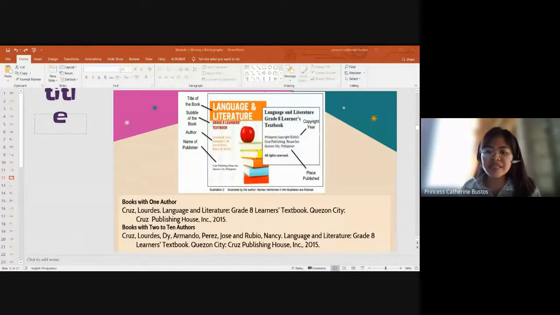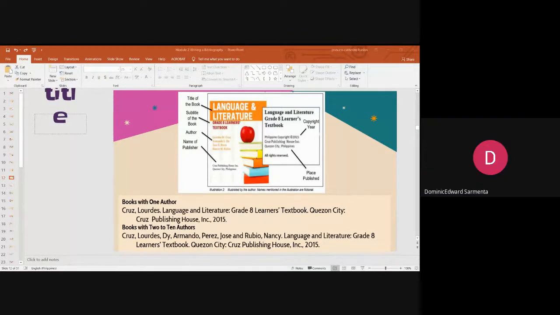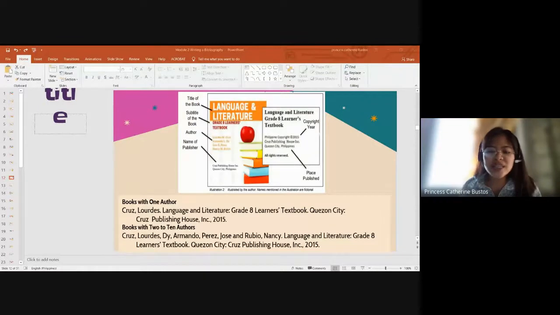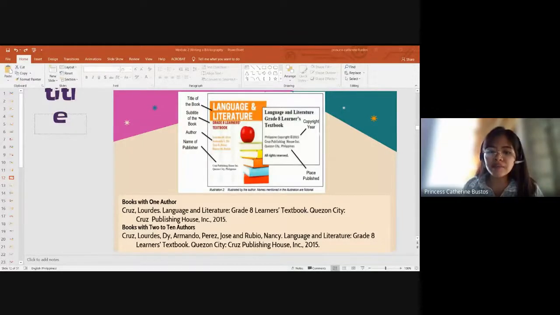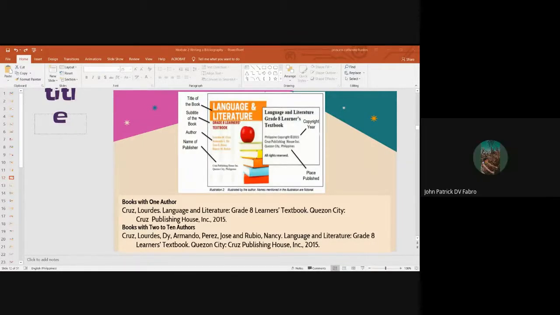Everybody say language and literature. Okay, now, do we have a subtitle here? Yes. Okay, John Patrick, what's the subtitle? Grade 8 learner's textbook. Very good.